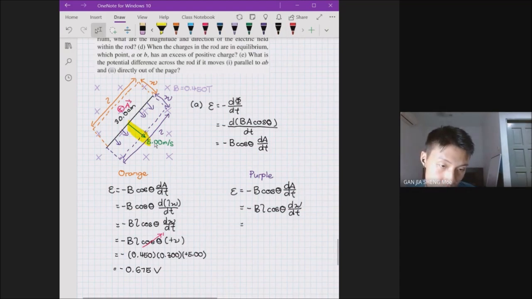That's why what's different right now is if you pick the purple loop, then it will be negative V. So when you substitute in everything, it will still be similar, but you get an opposite sign for your answer.